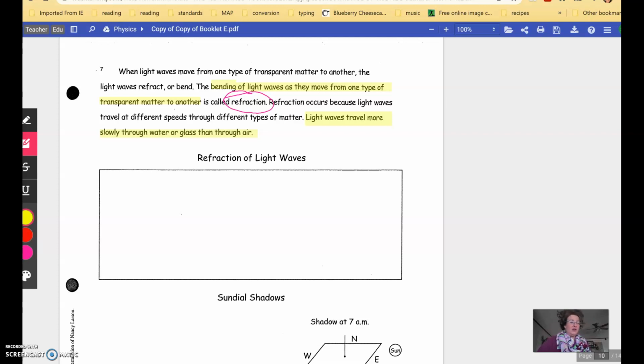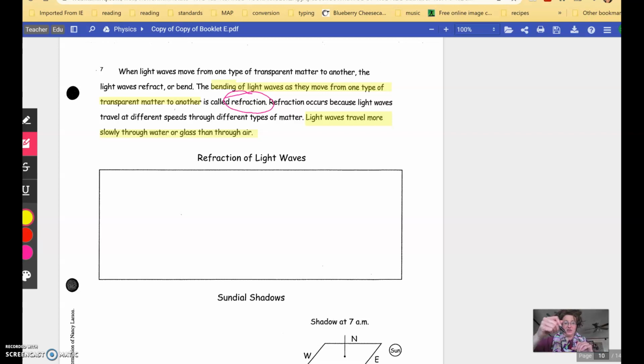So, knowing that, we are going to use our refraction of light waves box on page 11, and we are going to draw that example of refraction using the glass and what happened whenever we put a pencil into the glass.